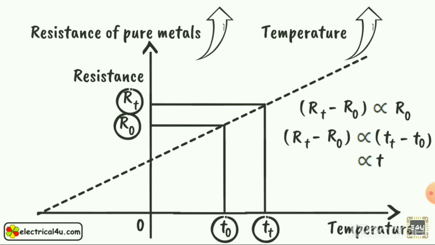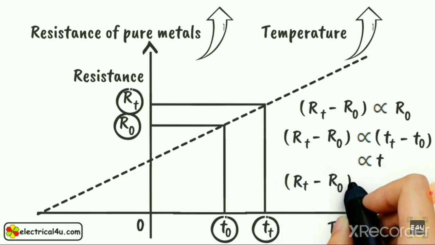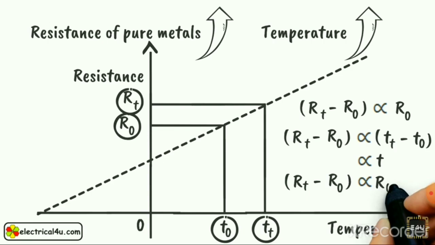That means for the same temperature variation, different metallic conductors of the same resistance show different changes in their resistance. Thus, we can express the change in resistance as R_T minus R0 is directly proportional to R0 into T.